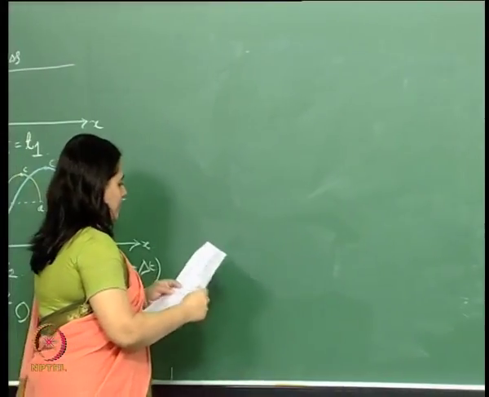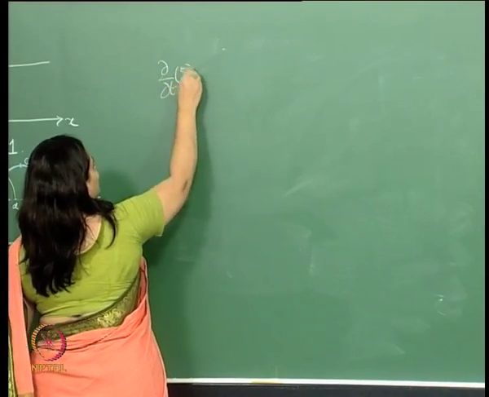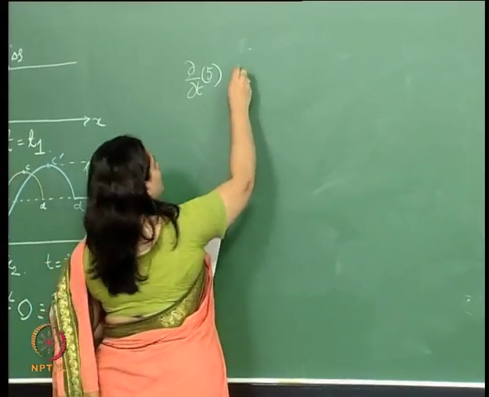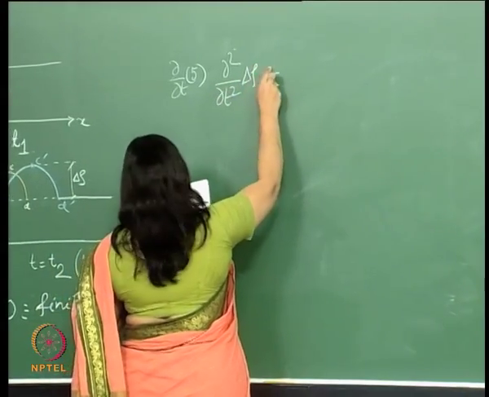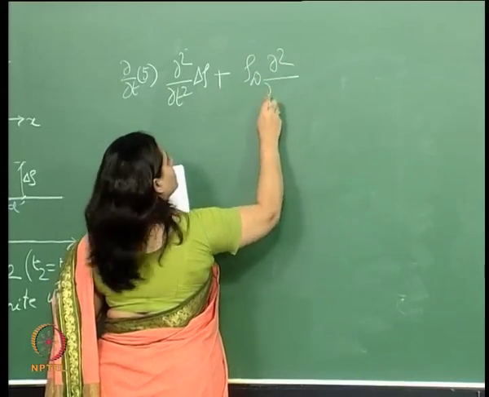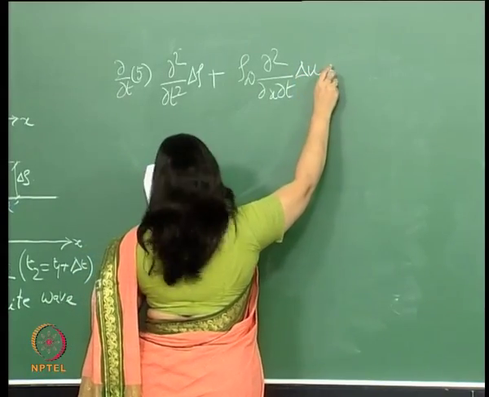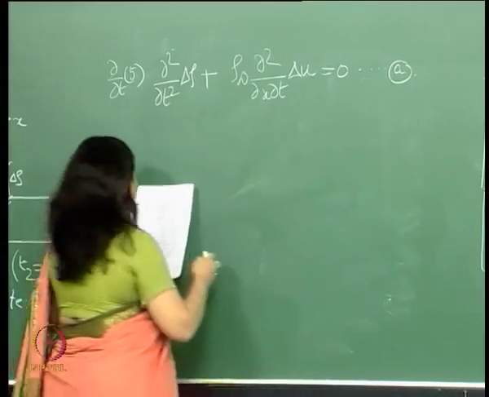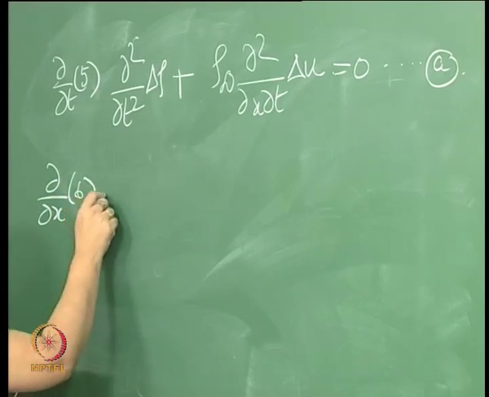So what we'll do first is, let's do a del del t of equation 5, right? What we get here is... and similarly let us do del del x of equation 6, right.